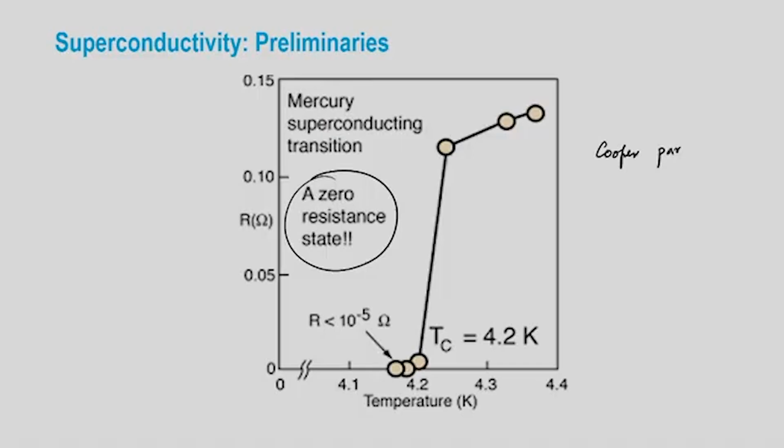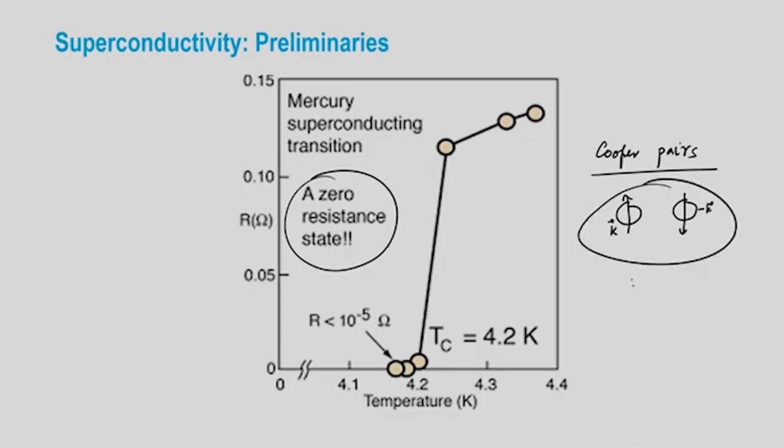So, something must have happened to this state, and in fact, what happens is that Cooper pairs are formed below this temperature, and what I mean by Cooper pairs is that it is a bound state of electrons. So, an electron with an up spin state and wave vector k, and an electron with a spin state and wave vector minus k, form a bound pair.